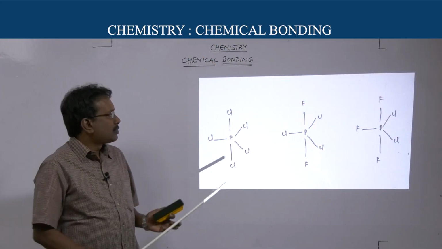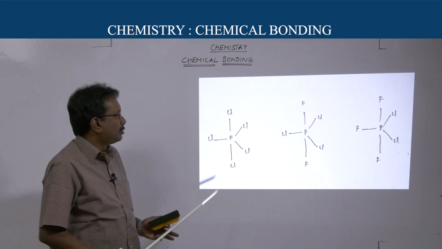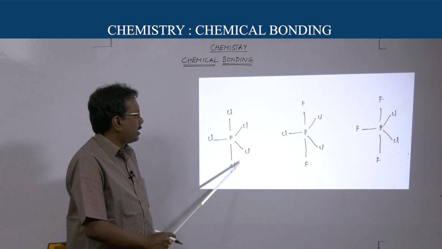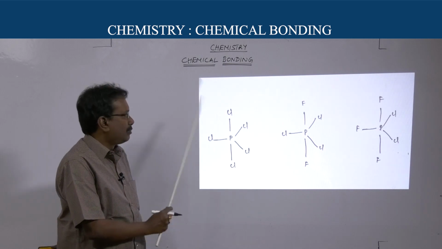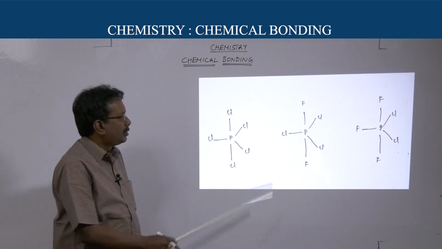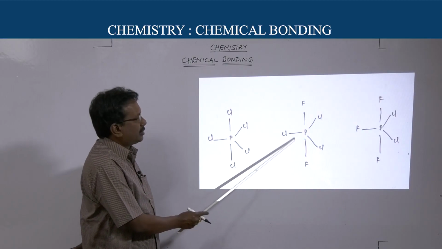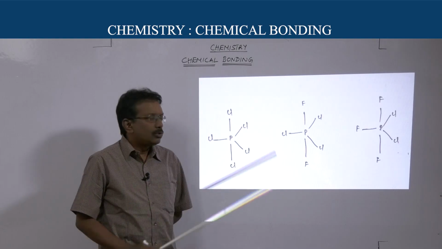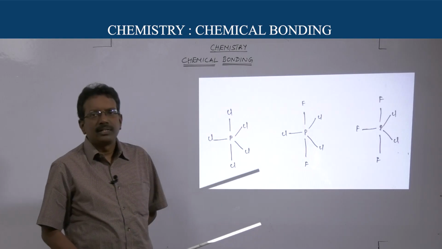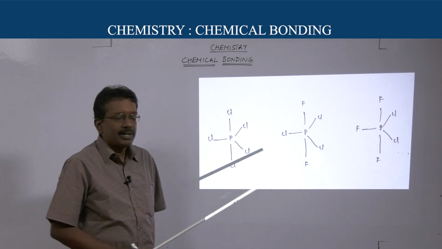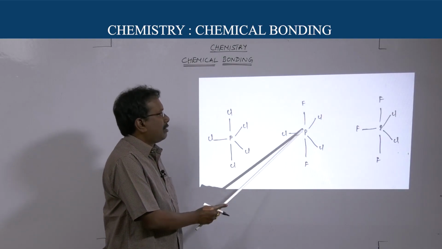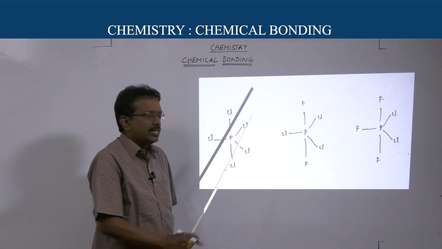Next, if you observe these 3 examples, this is perfectly 5 equivalent bonds are available. So here no problem, all 5 chlorines are available. But in the second structure, different atoms are available, fluorine as well as chlorine. So in this trigonal bipyramidal structure, if you have different types of atoms, then most electronegative atom always we have to accommodate in the axial position.